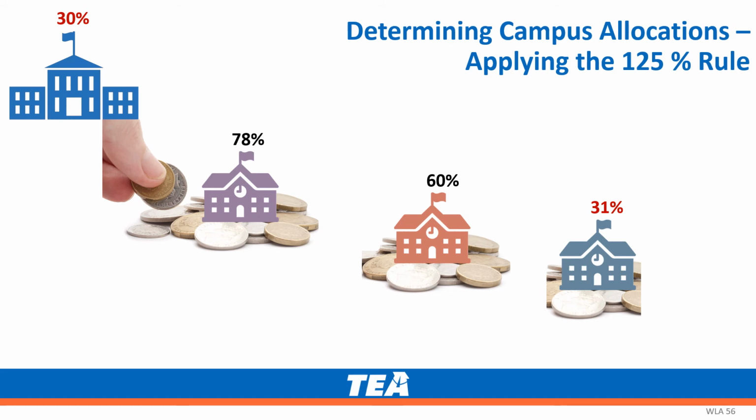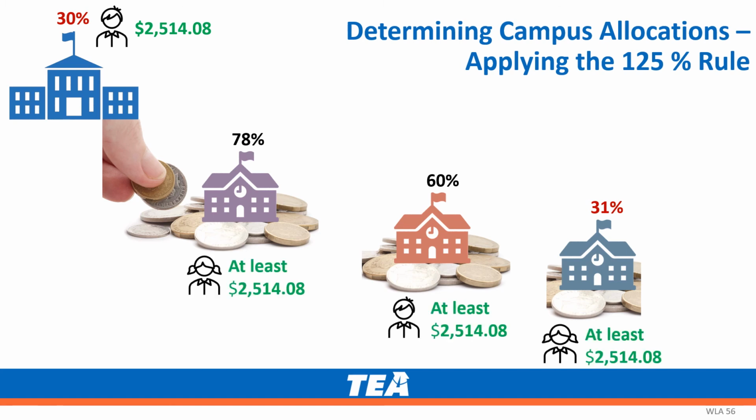Therefore, the 125% rule requires the LEA to allocate at least $2,514.08 per pupil to each school served. Again, the 125% rule is triggered when an LEA decides to serve a campus that has a low-income percent below 35%.